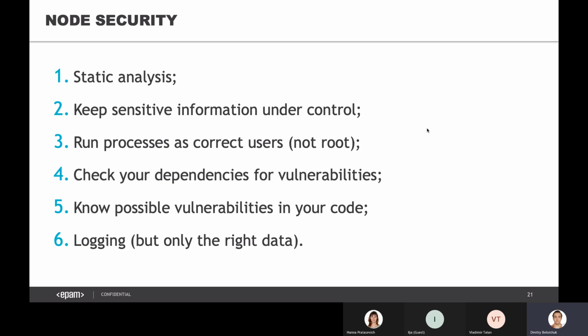Check your dependencies for vulnerabilities. That's also one of the topics that is common to backend and front-end development. We need to know possible vulnerabilities in our code. So if we cut corners to meet that deadline, we need to keep track of the possible security-related corners that we cut.